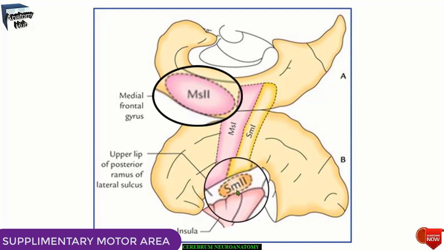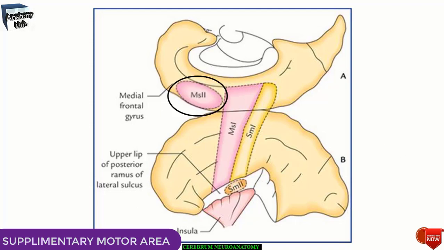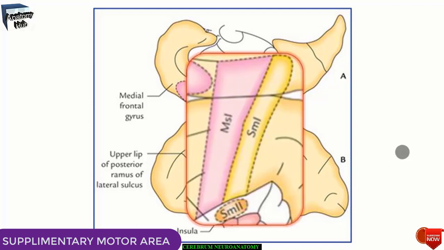So the supplementary area is located in the medial frontal gyrus on the medial surface of the hemisphere, anterior to the paracentral lobule that you can observe here. The body is represented from before backwards in craniocaudal order.